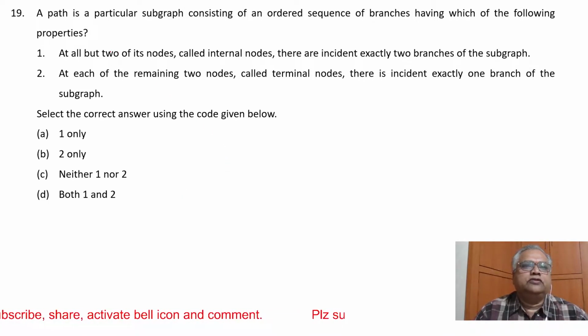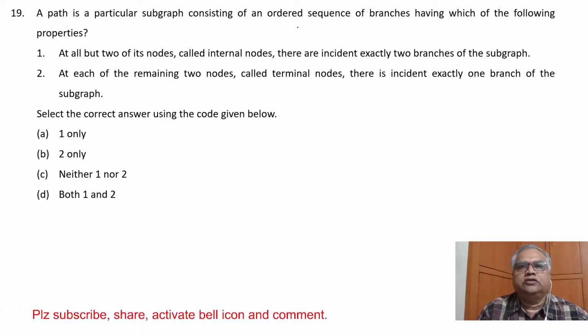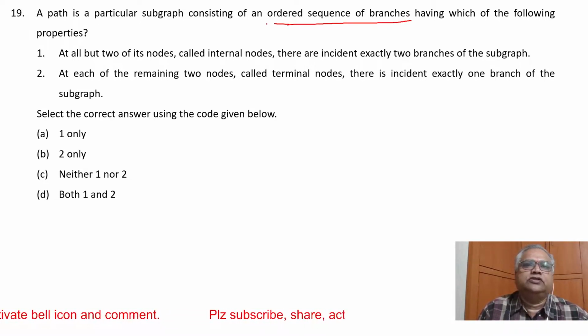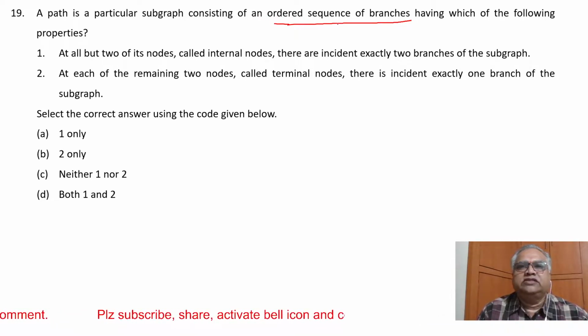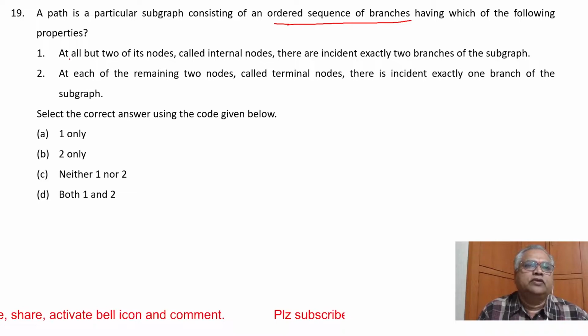We will start with: a path is a particular subgraph consisting of an ordered sequence of branches. This word is important. Consisting of an ordered sequence of branches having which of the following properties?